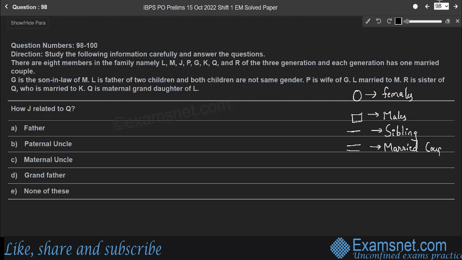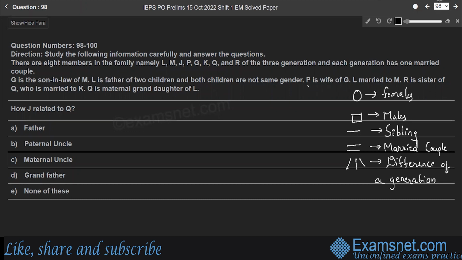And a vertical line or slightly slanted lines for a difference of a generation, that is father to daughter, father to son, or mother to daughter, mother to son. Now, come back to the points here.